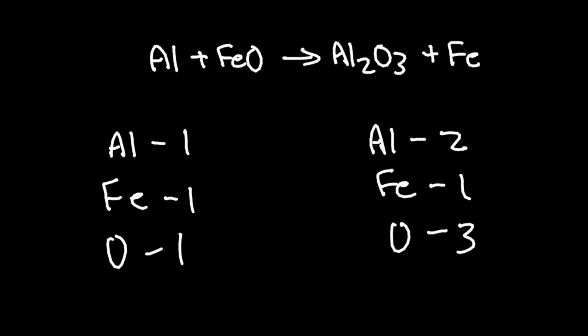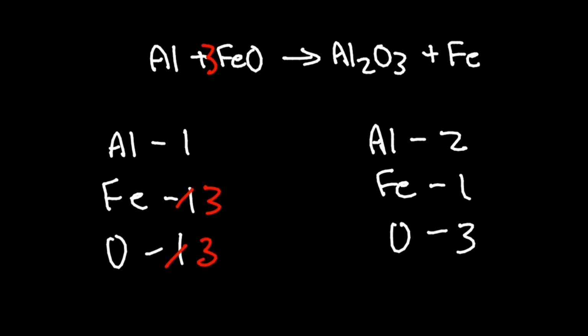So first, let's start off by balancing out the oxygen atoms. So we can put a 3 here, which on this side we now have 3 oxygens, which balances with the other side. And we also have 3 iron on this side now, since we put this 3 here.